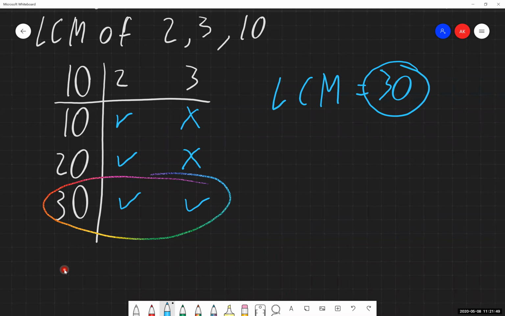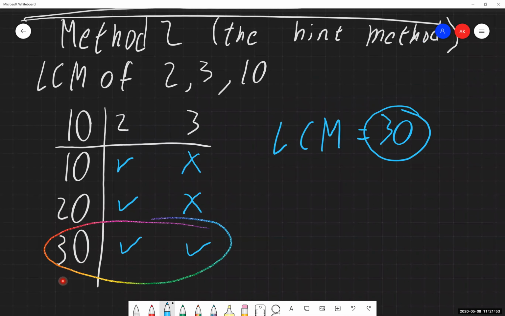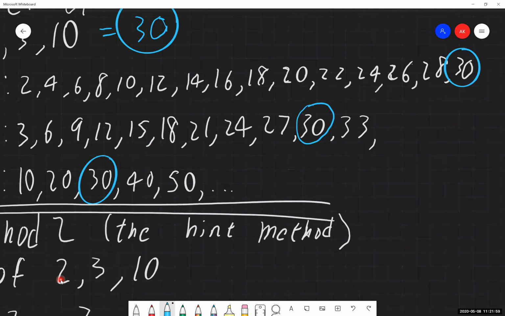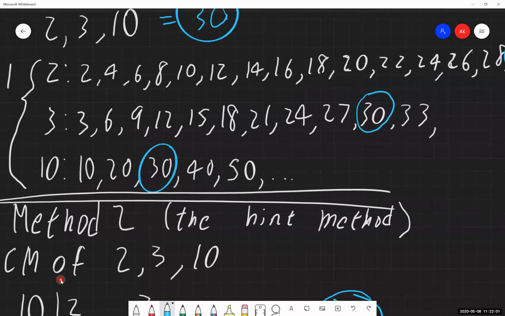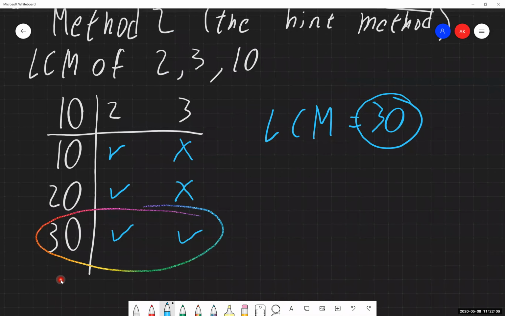So this method is just an alternate way of finding that. I think it's a bit faster, in my opinion, mostly because you don't have to worry about listing tons and tons of numbers like you would otherwise. So do that little bit of setup and organization, and it could save you some time and some headache.